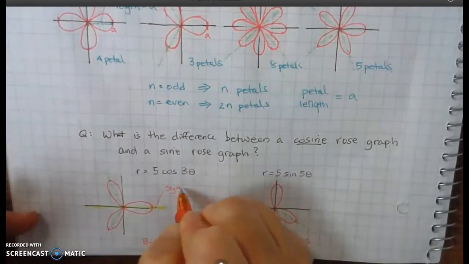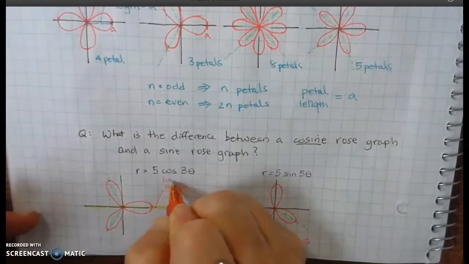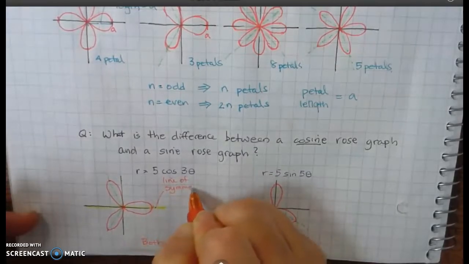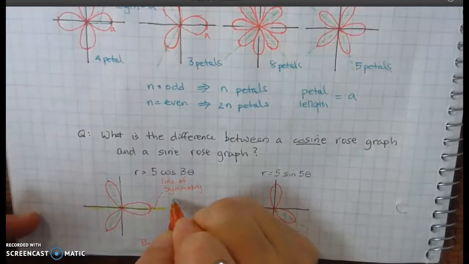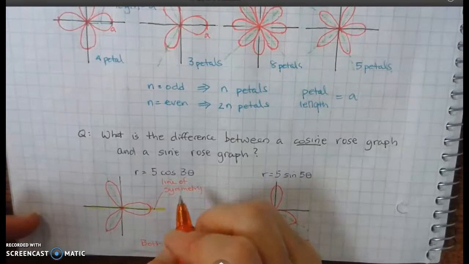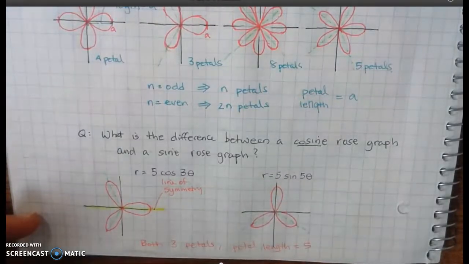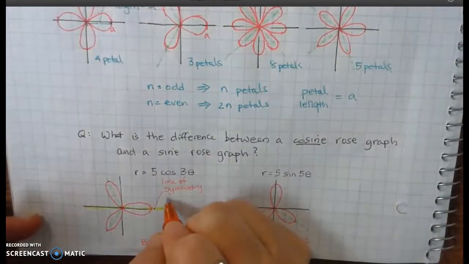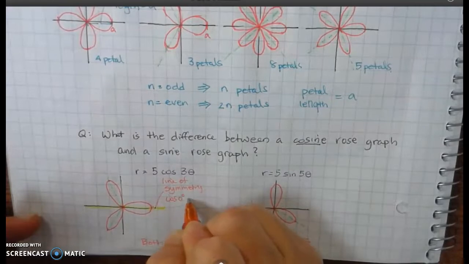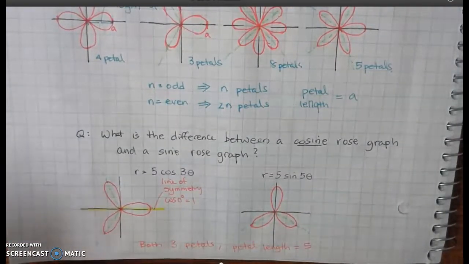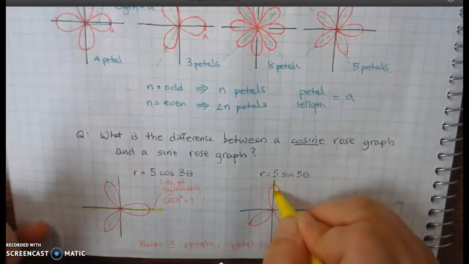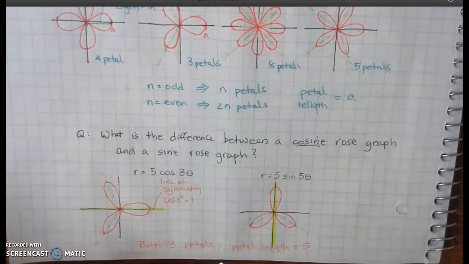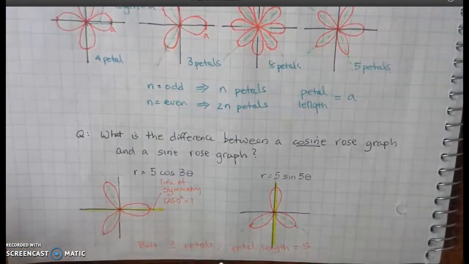It's going to be a line of symmetry, and that is because cosine of 0 degrees is 1. Okay, and in contrast to the sine graph, the line of symmetry is going to be a vertical line. Okay, so this is my line of symmetry.